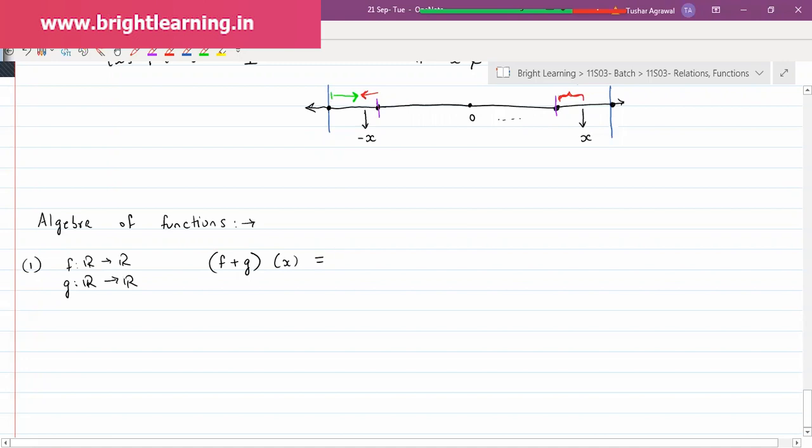So I know the definition of f of x, it's a mapping. I know the definition of g of x. So f plus g, what is this double letter? This double letter is defined to be equal to f of x and g of x, and its addition.